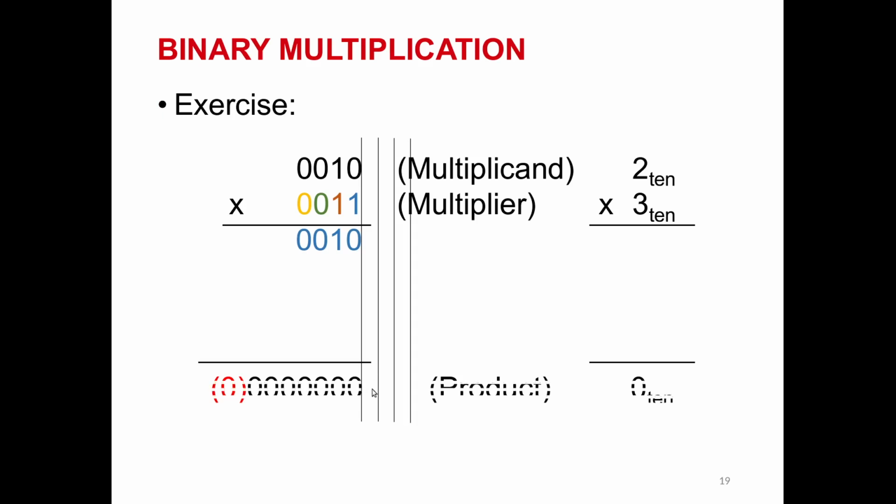So here you will have 0 1 0 0. If you count from the right, you have 0 1 0 0 here. But instead of aligning the bits at this line, you align it one bit further to the right.